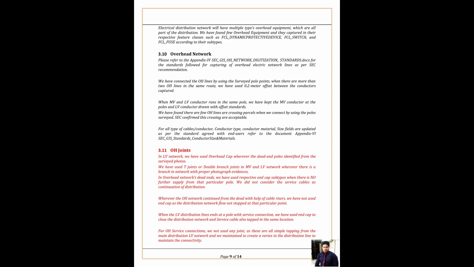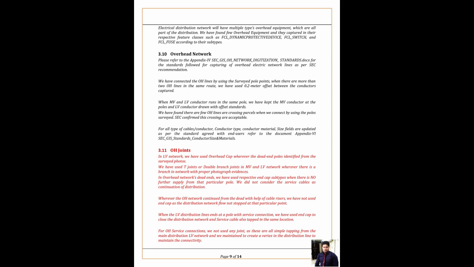For all types of cables, the conductor type, conductor material, and size fields are updated as per the standard agreed with end users. Refer to the document Appendix 6, Sec_GIS_standards_conductor size and materials. 3.11 Joints. In the LV network, we have used overhead end cap wherever the dead-end poles are identified from the surveyed photos.